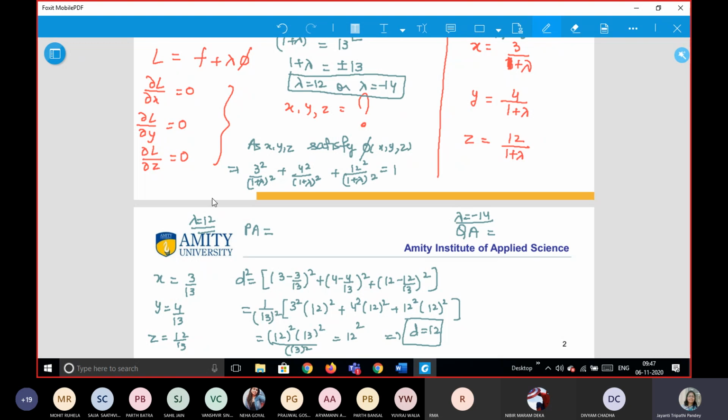What was our D? PA, the first point, for lambda is equal to 12. Now if I take lambda is equal to minus 14, then QA square is, when you put lambda is equal to minus 14, it will be minus 13, minus 13, minus 13. Is this okay or not? So this is 3.